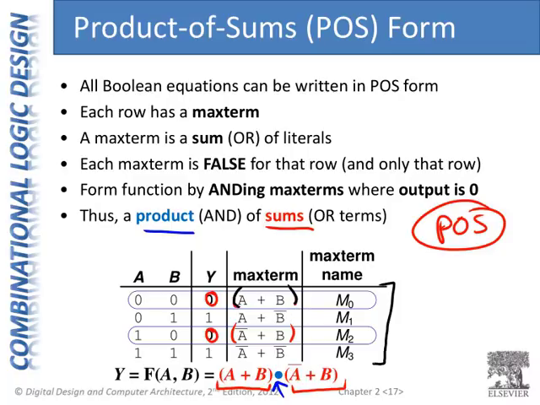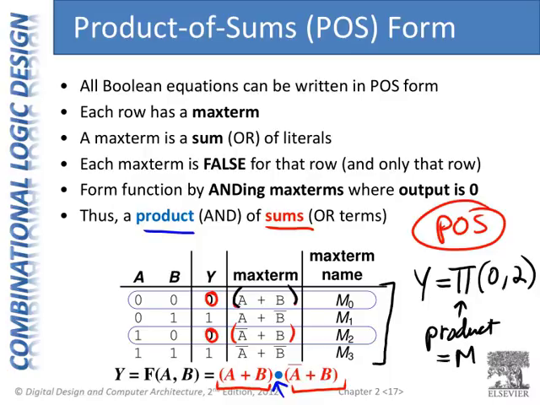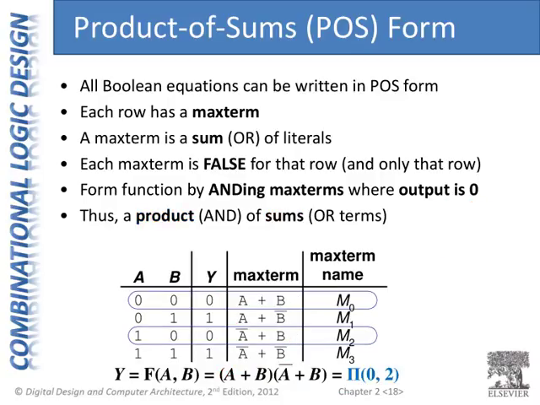And so now we can write it in shorthand, our product of sums form. Y equals a product, remember that's pi, that means the product of max terms 0 and 2. That's shorthand for saying, hey, max term 0 ANDed with, or the product of, max term 0 and max term 2. And again, remember this is our shorthand form of POS form.